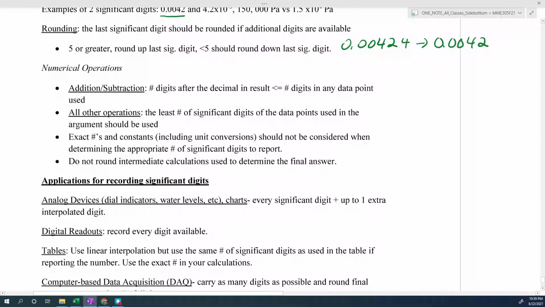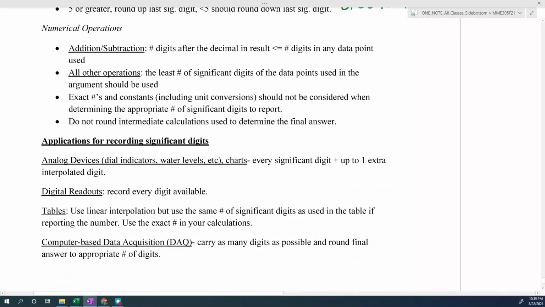When you're looking at different sources, like analog devices, digital readouts, tables, and computer-based data acquisition, they have different rules for significant figures. For analog devices, you typically take every significant digit plus up to one extra interpolated digit. For digital readouts, you just record all the available digits.